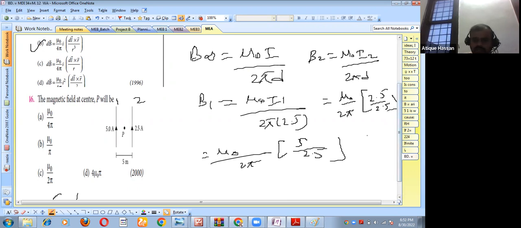What is the direction of this B2? Yes, correct. It is outward.